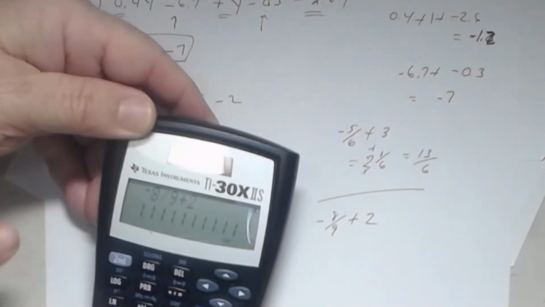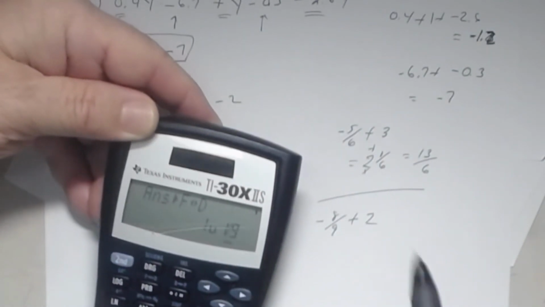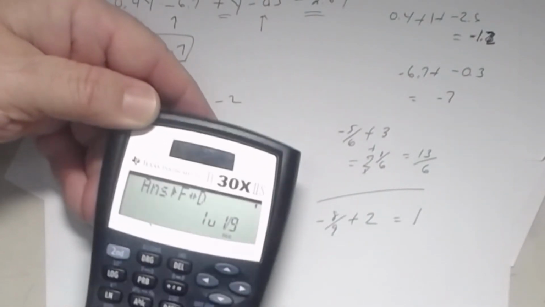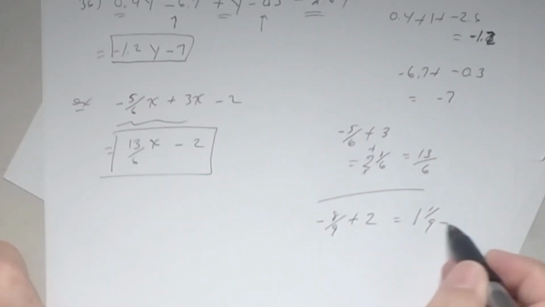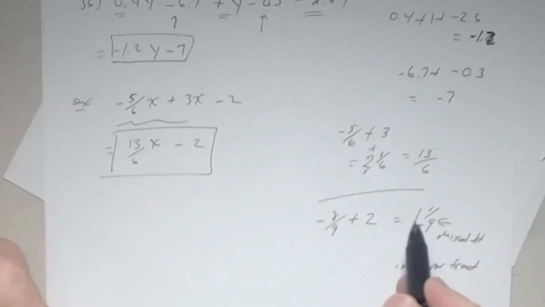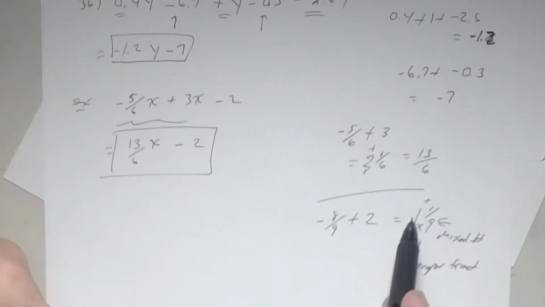Second, PRB, press equal, and this mixed number is 1 and 1/9. But you got to convert this mixed number back to an improper fraction. So 9 times 1 is 9, plus 1 is 10, so that's 10/9. Okay. All right, so use your calculator.